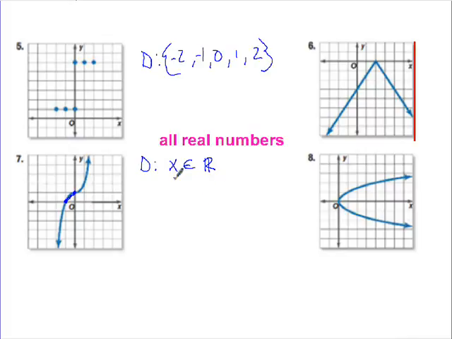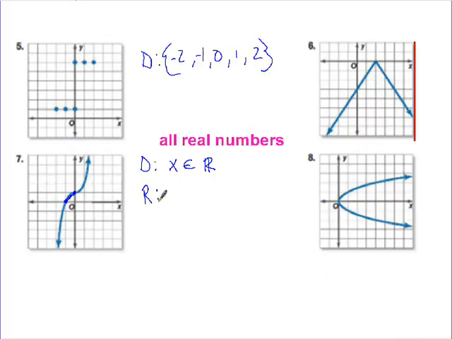Now, I know that's what it looks like, but this does not say XER. This stands for X. This is a symbol that means is an element of, and this R with an extra line in it means the real numbers. So this means X is an element of the real numbers. My domain is all real numbers. Any X value that you could think of is part of the domain.